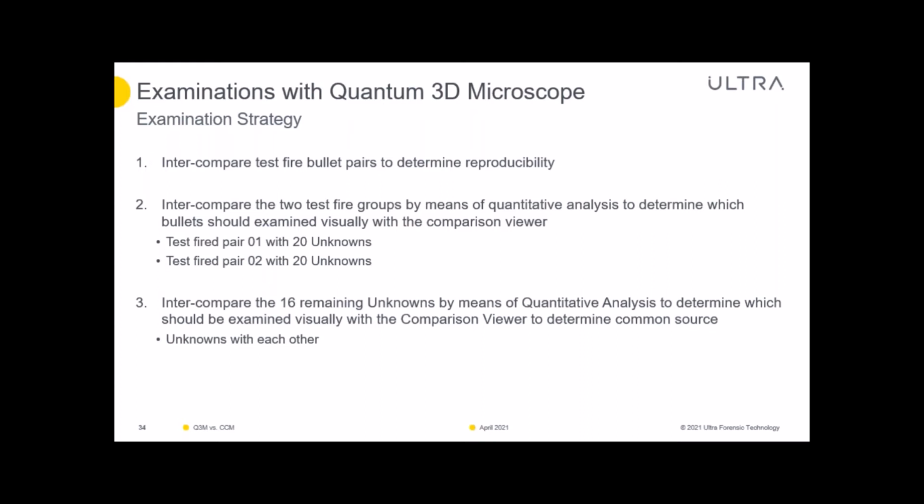So it was test-fire pair 1 to 20 unknowns and test-fire pair 2 to 20 unknowns. Then I intercompared the 16 remaining unknowns by means of quantitative analysis to determine which should be examined visually with a comparison viewer to determine a common source. And this is the unknowns to each other.